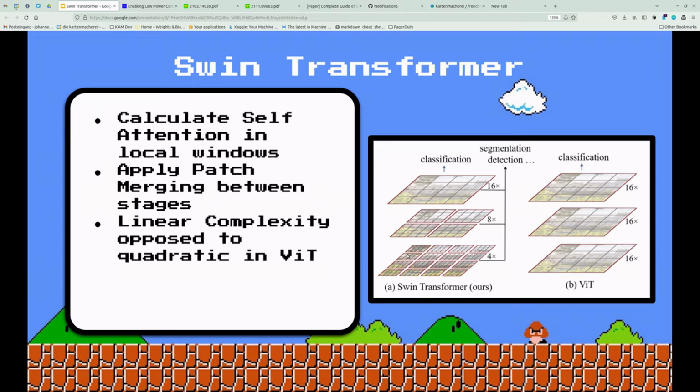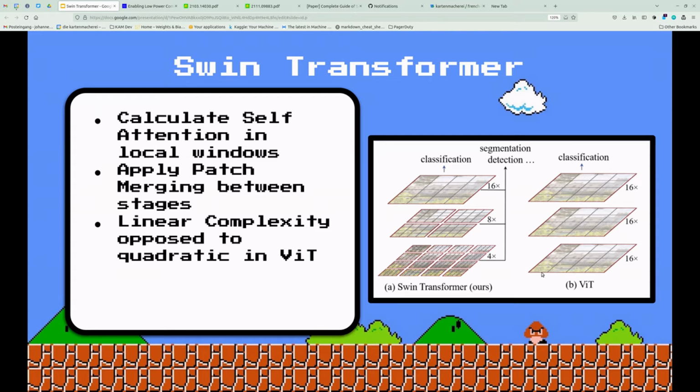First you start out with 4x4 pixel patches, and then you merge 2x2 to get these 8x8, and then you get 16x16, and you only compute the attention in these local windows. These red windows are where the self-attention gets computed, and that is more feasible actually, especially for bigger images.